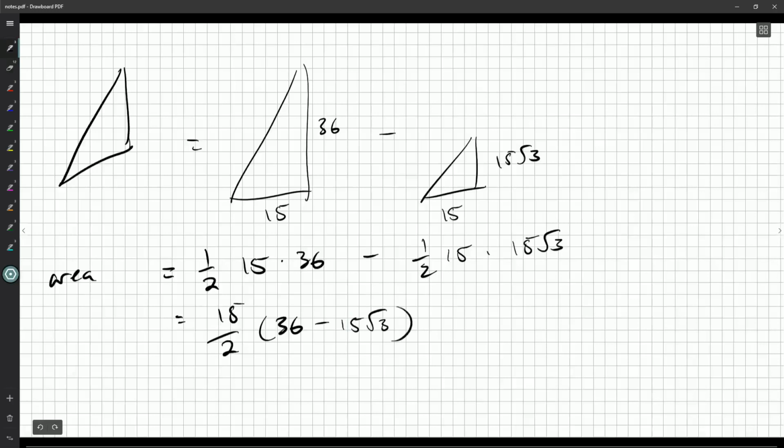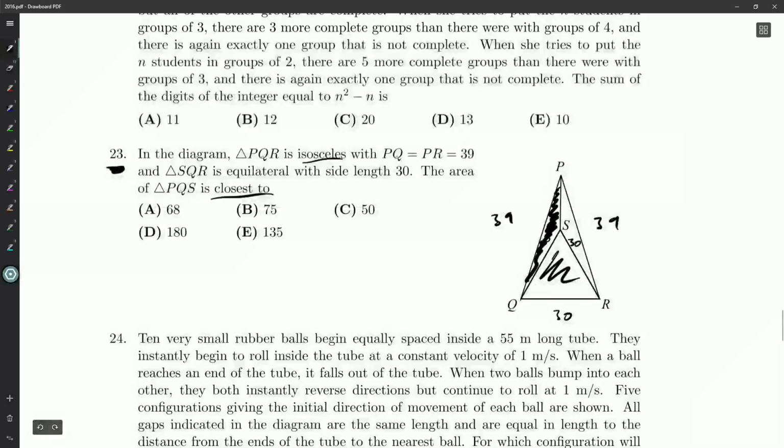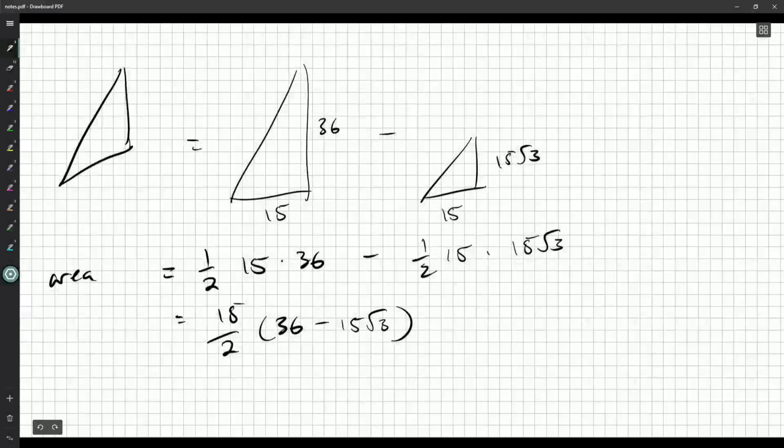And I can do that on a calculator, so 36 minus 15 times root 3. If I had forgotten my calculator, of course, I could use the fact that root 3 is about 1.7, and the answers that they give us are far enough apart that that's not going to cause too many problems. So approximating with 1.7 or 1.73 in place of root 3 could do just fine.